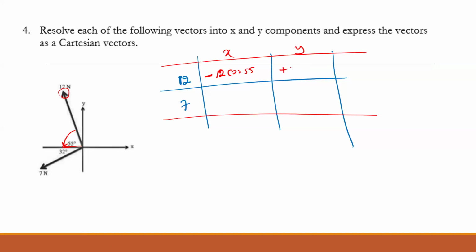And y is a positive one, 12 sin 55. This one, 7, again a negative x component, 7 cos 32, and the y component is also negative. See, it's like this. So it is negative 7 sin 32.